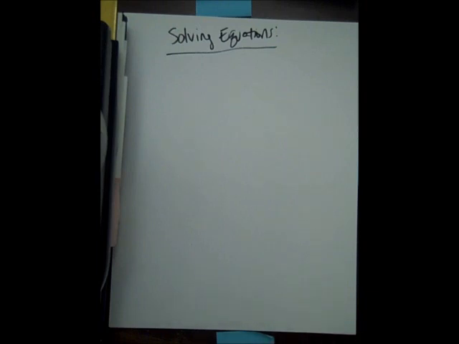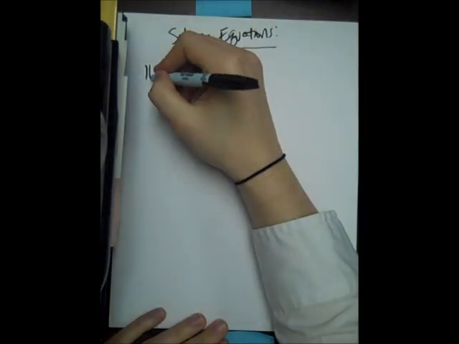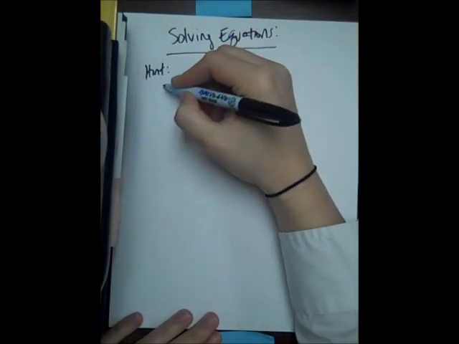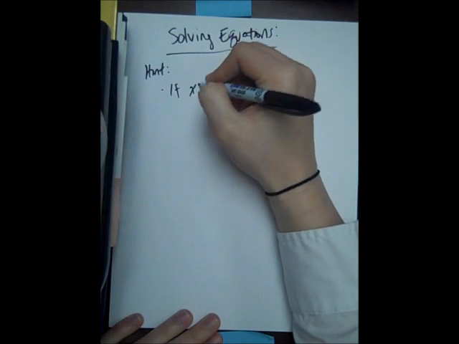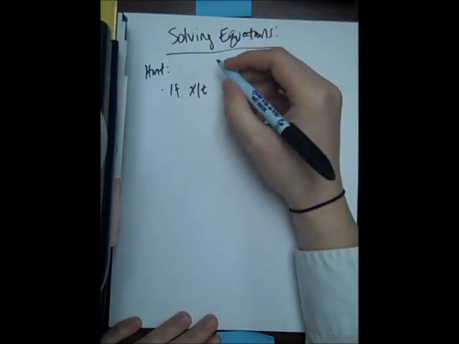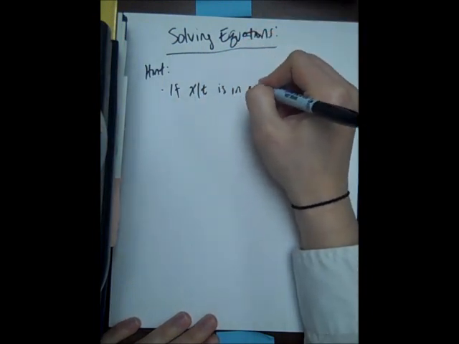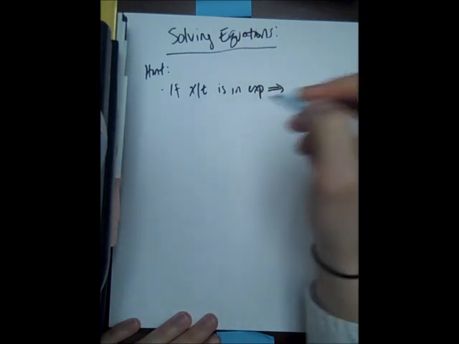Just a hint, and I think this is a general hint and pretty good advice: first of all, if x or t or whatever your variable is in the exponent, then you have a couple different options.